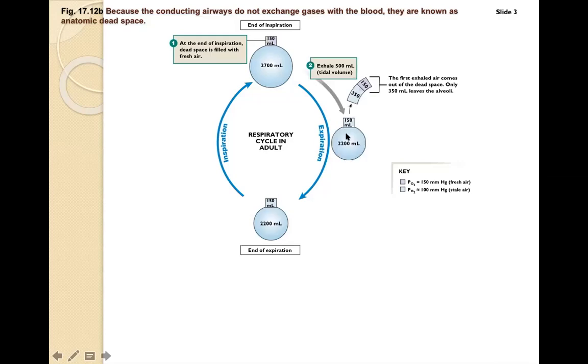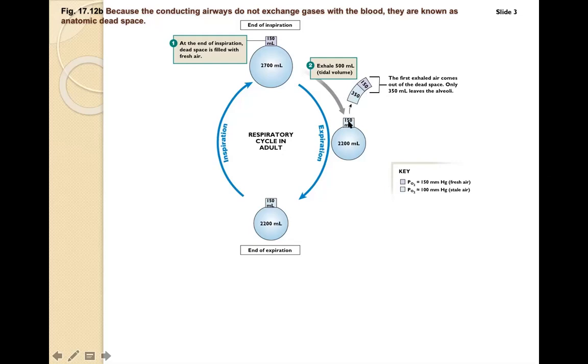When we exhale that 500 mils, 150 mils of that is the part that comes out of the dead space. It didn't even participate in gas exchange at all. And only 350 mils of that 500 were actually in the lungs contributing to gas exchange. We're actually in the alveoli. So we've now exhaled 500 mils, but only 350 of those mils actually participated.